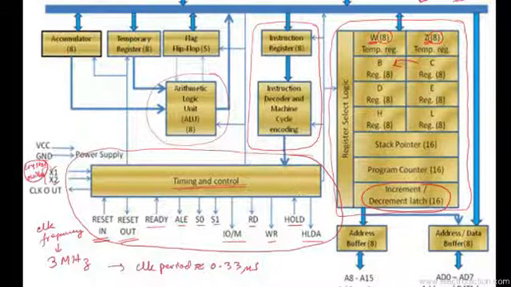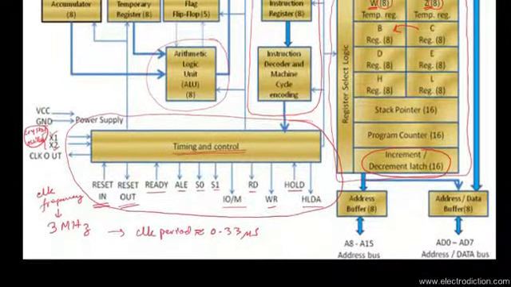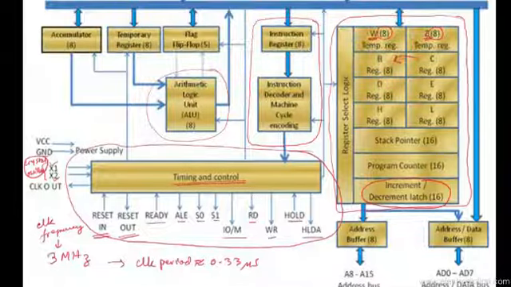So this is by far the most important part in the 8085 after the register section, the ALU, and the instruction decoder. Without this timing and control unit, none of the tasks inside the 8085 would have proper timing, and every instruction and operation would become desynchronized.